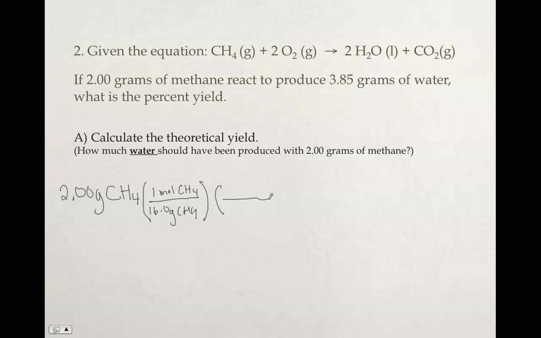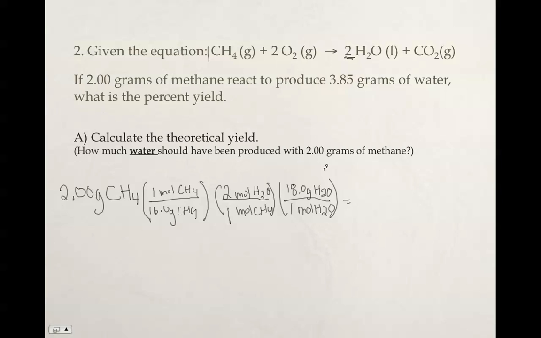We're then going to compare the mole ratio, so moles of methane to moles of water. We can see up here that we have 1 mole of methane for every 2 moles of water. We can then convert from moles of water to grams of water using the GFM, which is 18 grams of water.